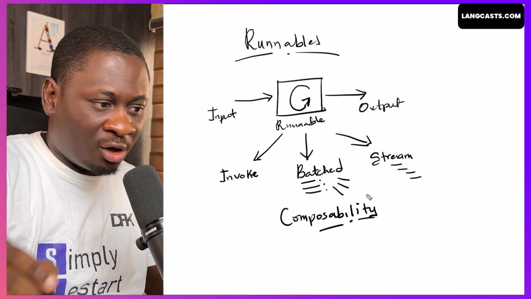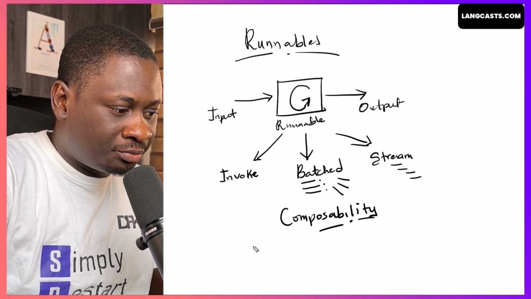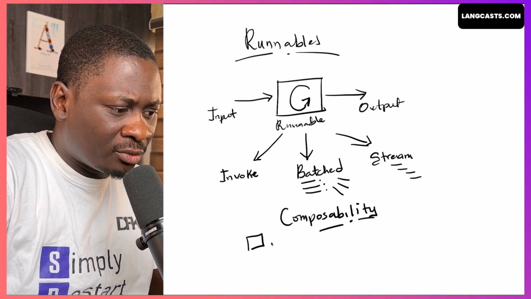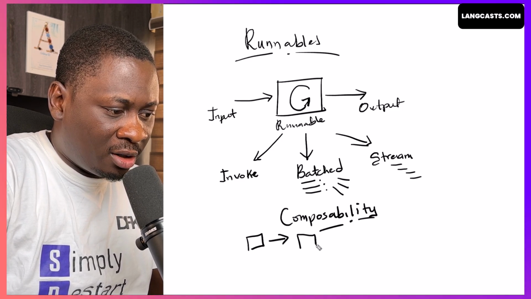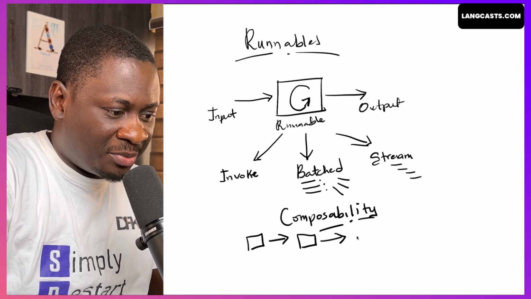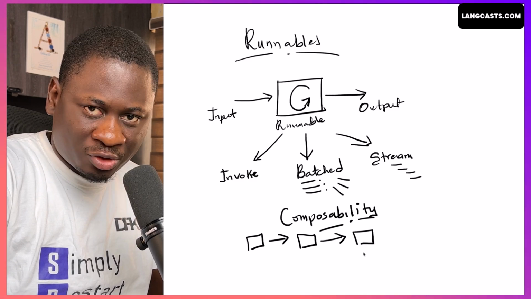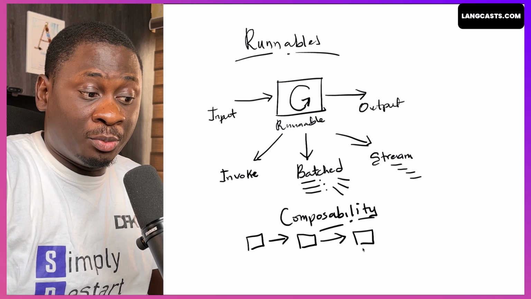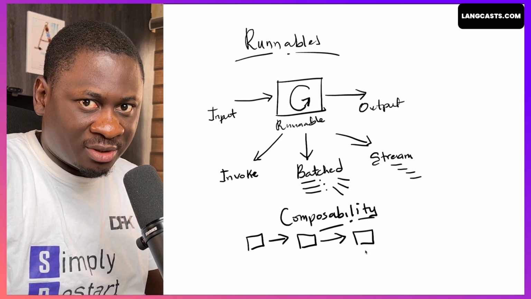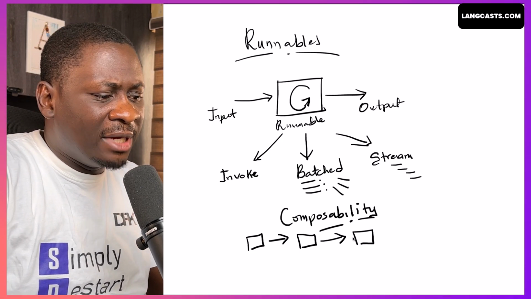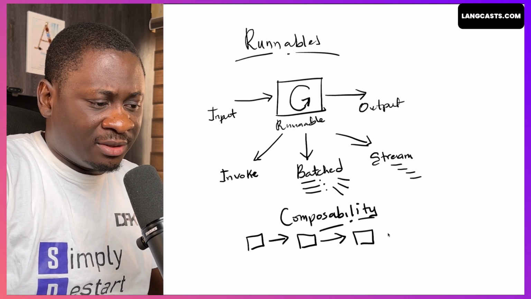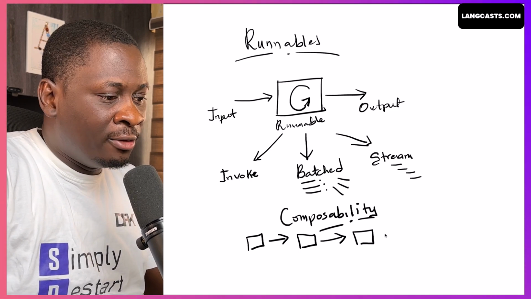It's lovely. You can take one runnable and pipe it into another runnable, and the result of that one you pipe into another. They can be composed in parallel, and they can be composed in sequence. That is the main selling point for runnables.